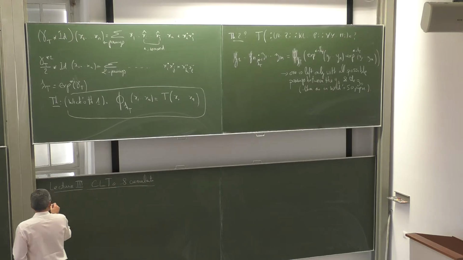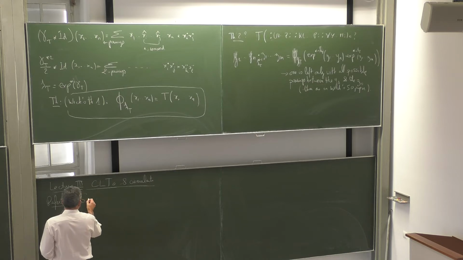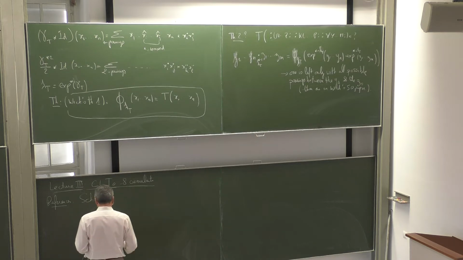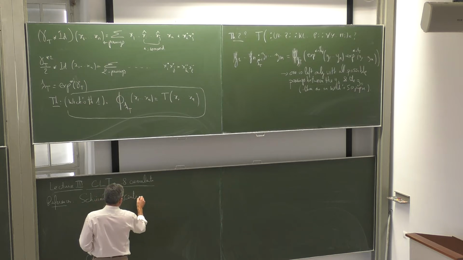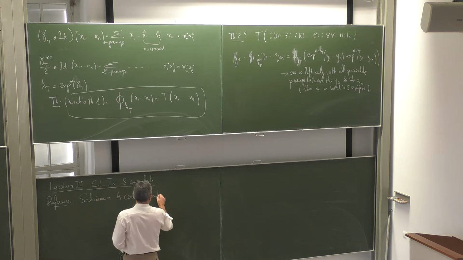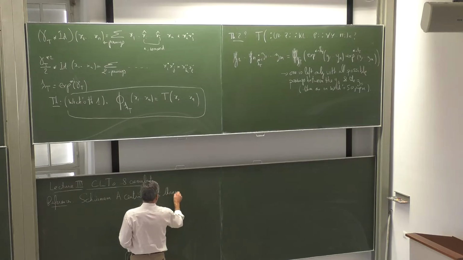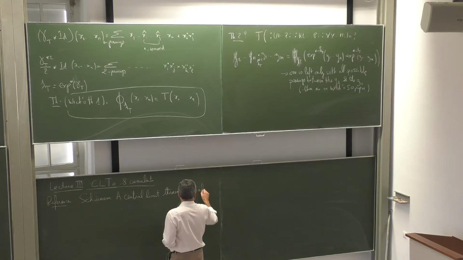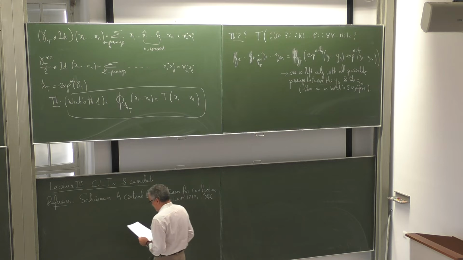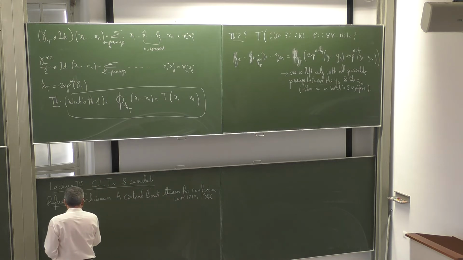So here the references are in general the work of Michael Sherman, but in particular an article of 86, the central limit theorem for coalgebras. Then also the work of von Waldenfels in general, which is closely related to Sherman.